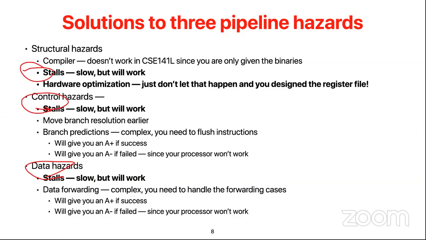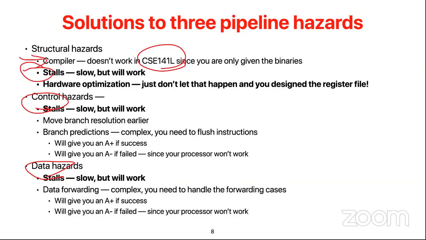As you could imagine, the stall is just slow, but it will work. The compiler solution doesn't work for CSE141L because in this class we just give you the binary, so there's no way you can modify the compiler to make it work.